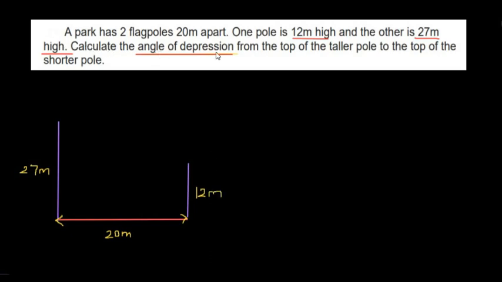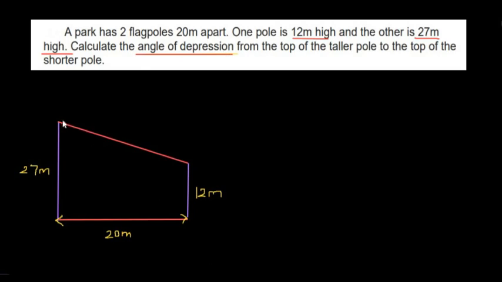Calculate the angle of depression from the top of the taller pole to the top of the shorter pole. So now if we take the point from this to this, because we are looking from the taller pole to the shorter pole, we have to calculate the angle of depression.